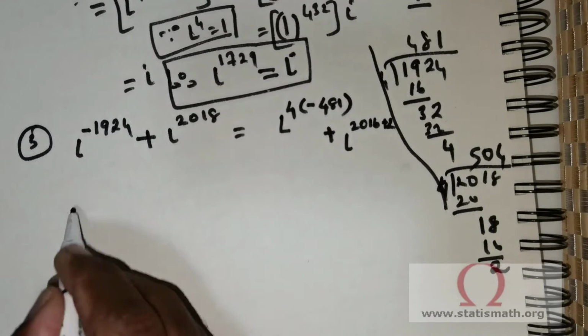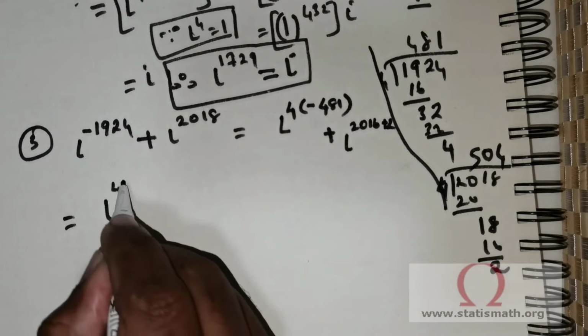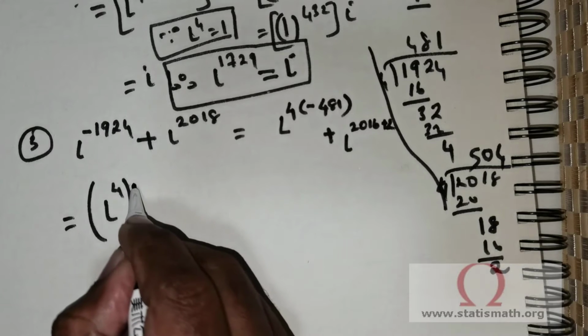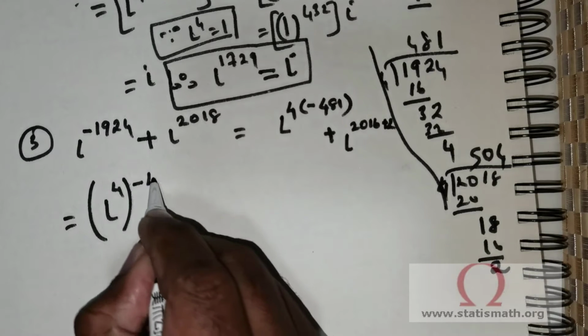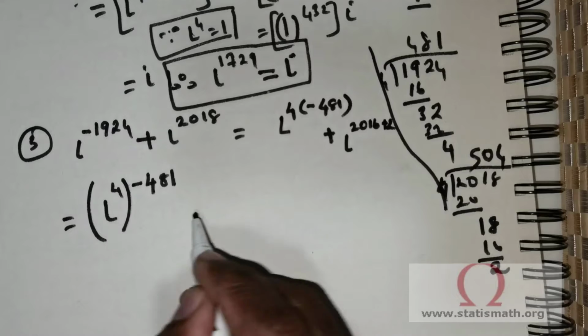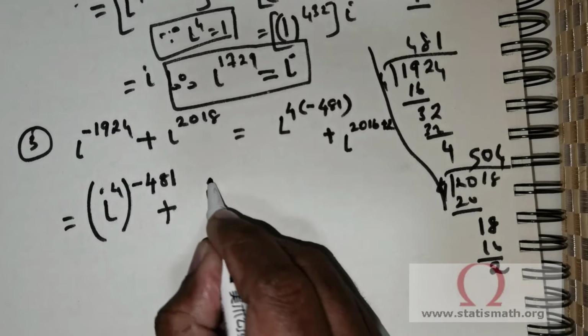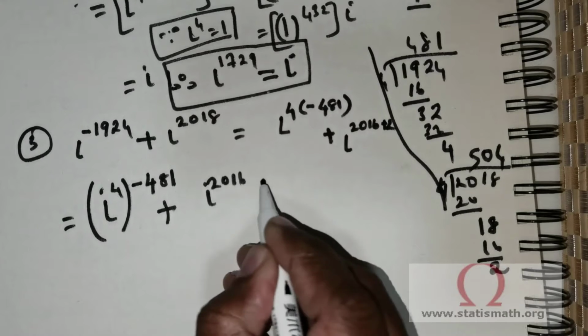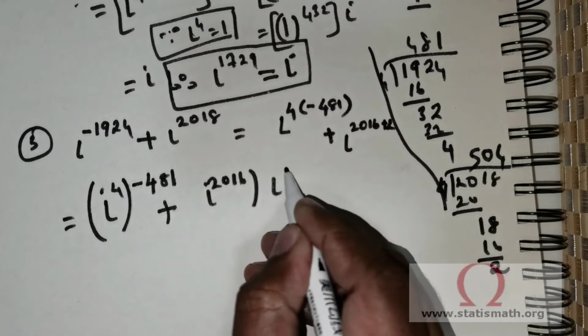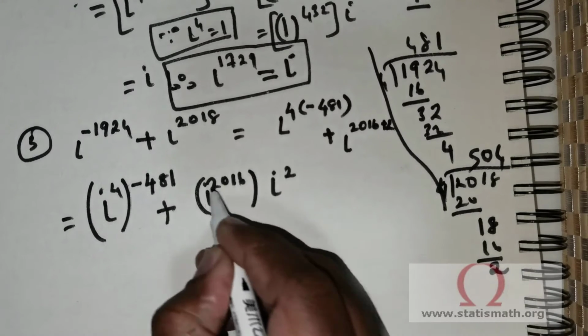So this 2018, I can rewrite it as i raised to the power of 2016 plus 2. So rewriting this is going to be i raised to the power 4, the whole raised to the power negative 481, plus i raised to the power 2016 multiplied with i raised to the power 2.